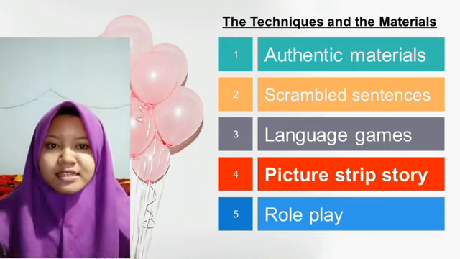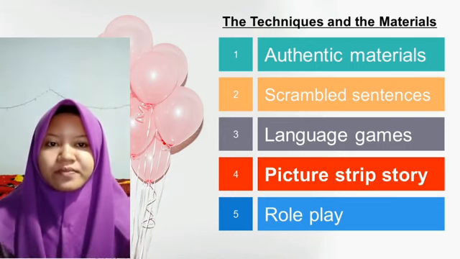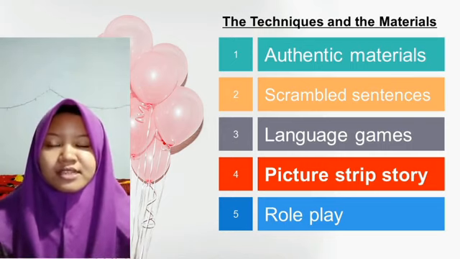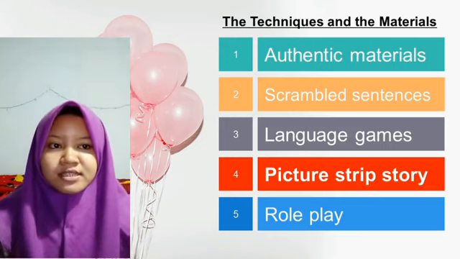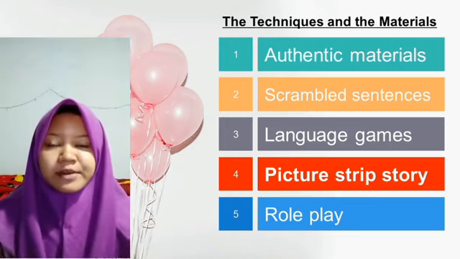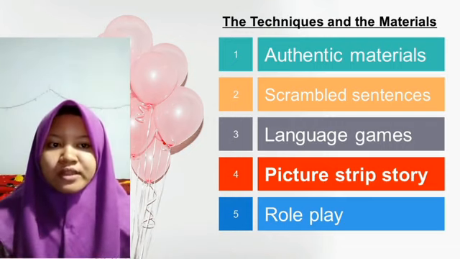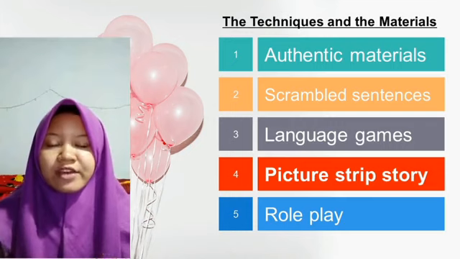And the second is scrambled sentences. Here, the students are given a passage or a text in which the sentences are in a scrambled order. This may be a passage they have worked with or one they have not seen before.